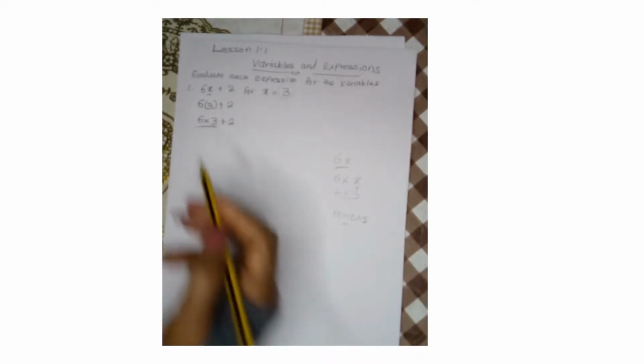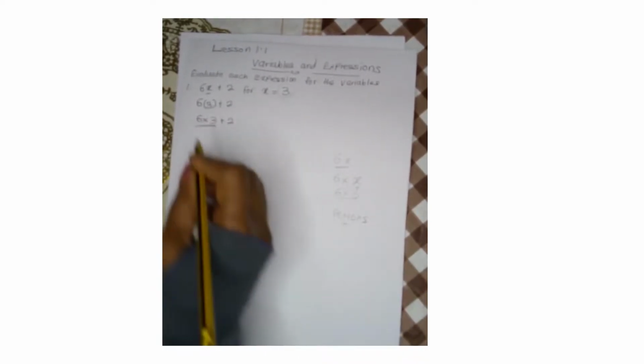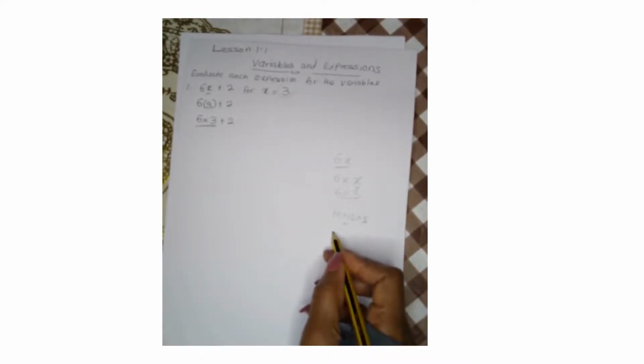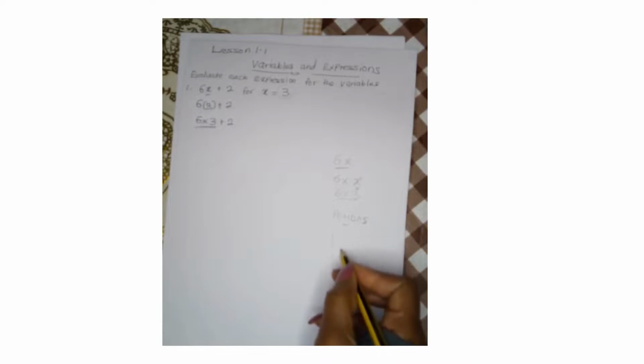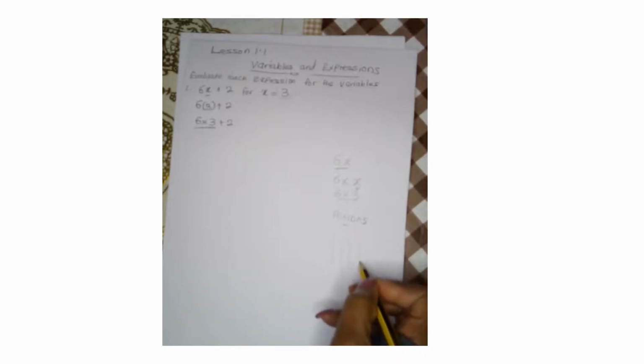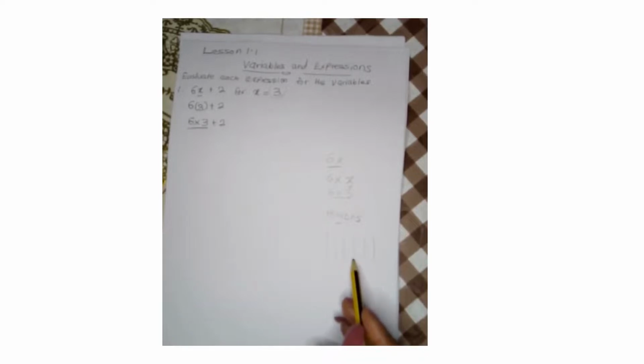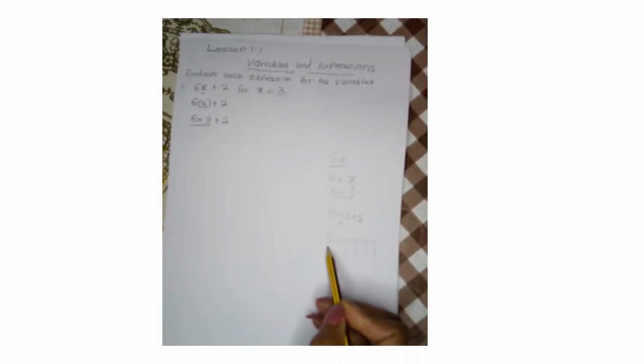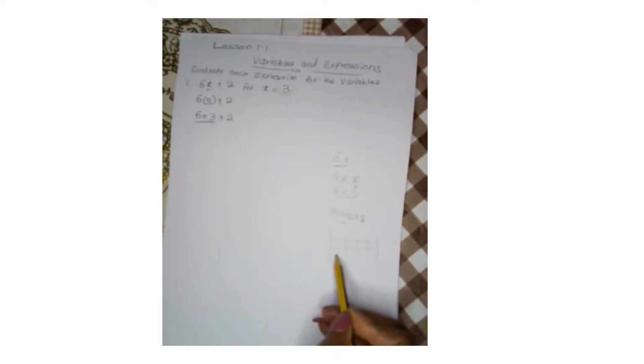6 multiplied by 3, I'm so sorry. What you can do here, you can write 1 2 3 4 5 6. These are 6 vertical lines. Then you're going to draw 3 horizontal lines, 1, 2 and 3.